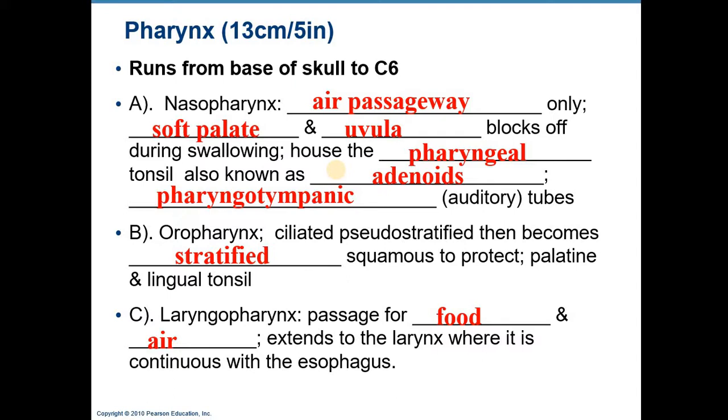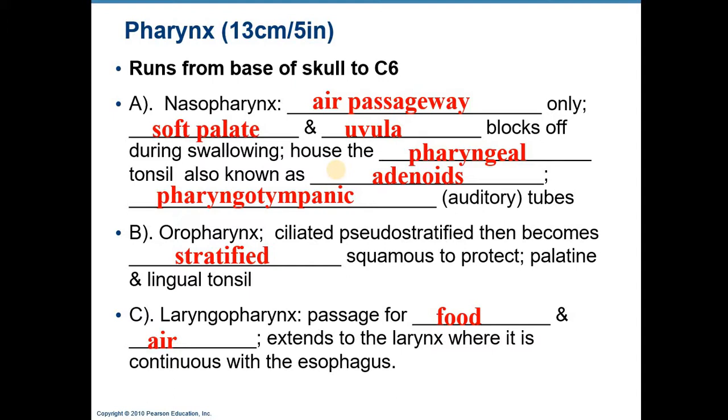The pharyngotympanic opening is part of the auditory tubes. The adenoids are the pharyngeal tonsils, and they are sometimes removed when you remove your tonsils. Then you have the oropharynx. It's ciliated pseudostratified, and it becomes stratified squamous later, to provide protection for the air that's moving down.